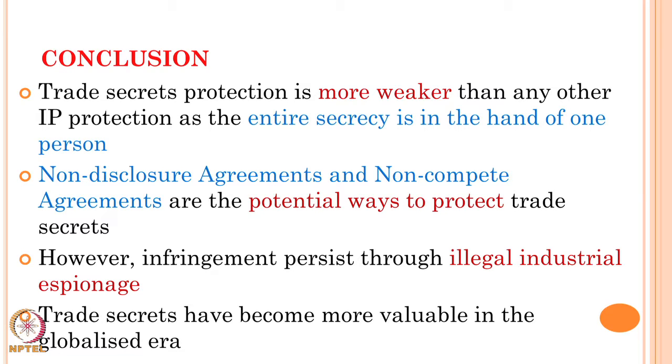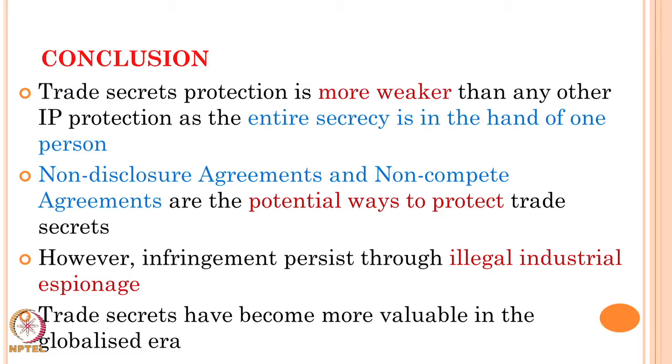So, trade secret protection is weaker than any other intellectual property protection, as the entire secrecy is in the hand of one person or maybe two persons. Non-disclosure agreements and non-compete agreements are the potential ways to protect trade secrets.